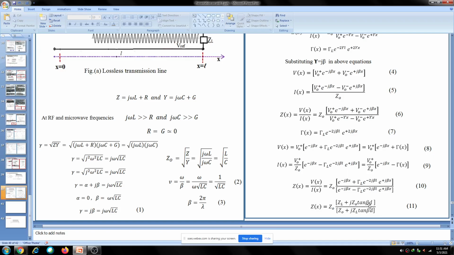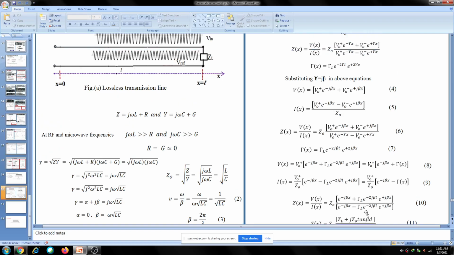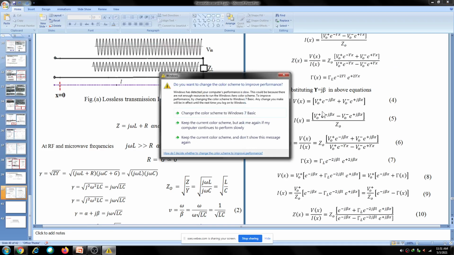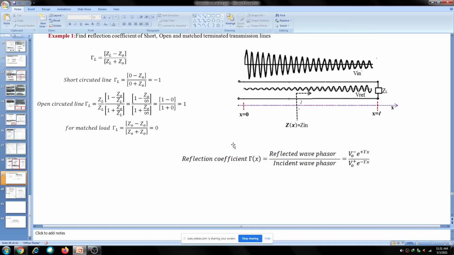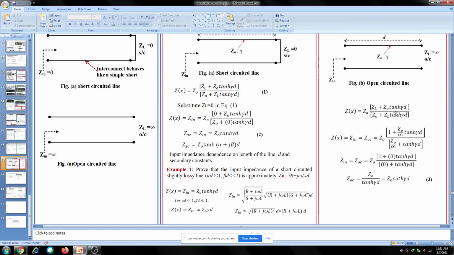Just compare with the previous one, where the equation had z0 tan hyperbolic gamma d. That is for the lossy line.